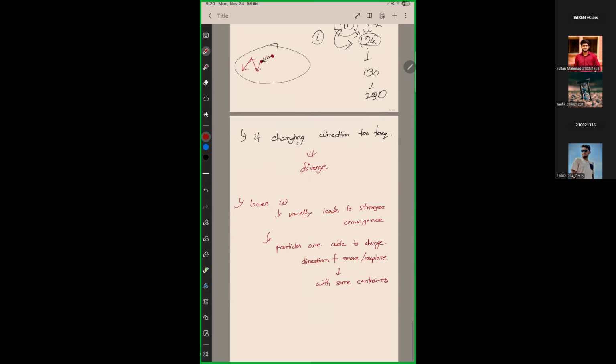Okay, so if omega is not very high, even not too low either, that usually leads to a stronger convergence. Why? You see, you want to move, not too small.